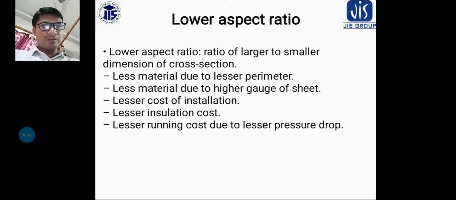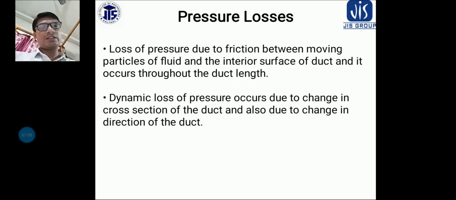A lower aspect ratio gives less material due to lesser perimeter, lesser cost of installation, lesser insulation cost, and lesser running cost due to lesser pressure drop. These are the things we can observe here.